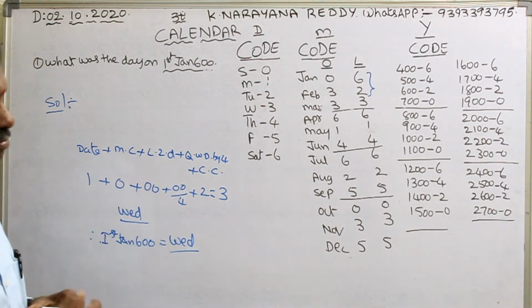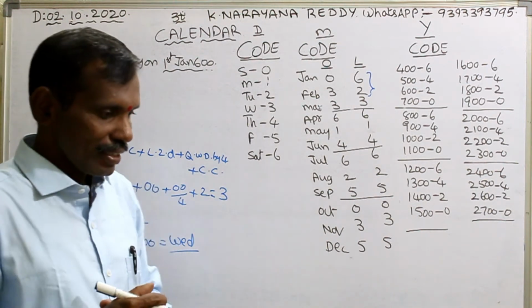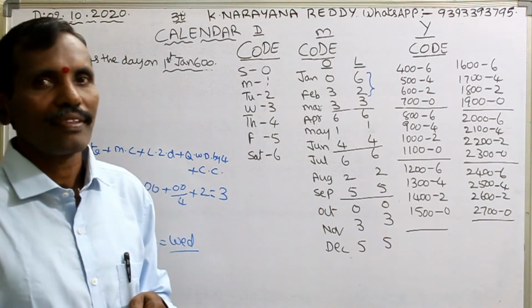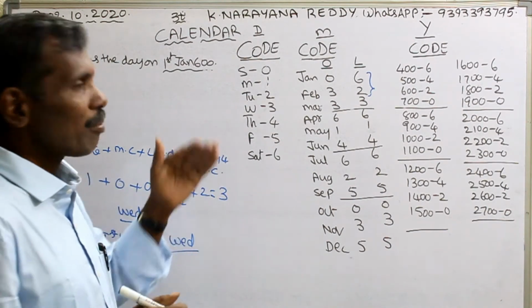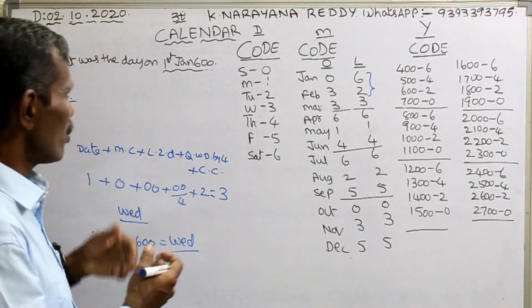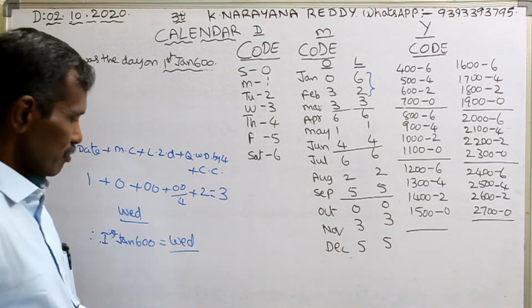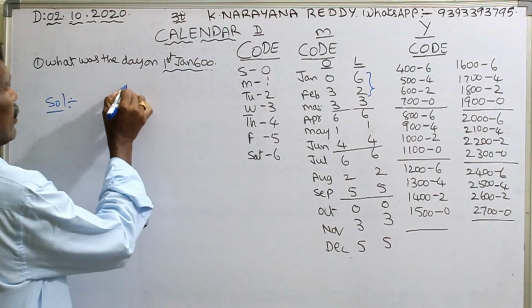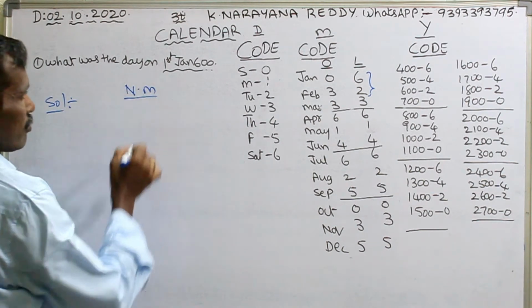This is one method, the shortcut method. But this problem can also be done using the normal method, and I will tell that one too. Please observe here, this is the normal method, that is the shortcut method.